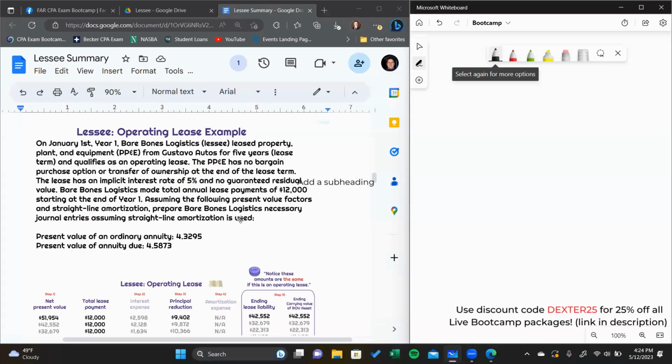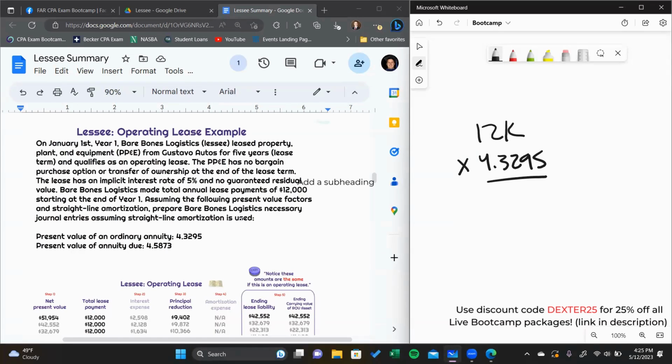So it says here the lease has an implicit interest rate of 5% and no guaranteed residual value. Bare Bones Logistics made total annual lease payments of $12,000 starting at the end of year 1. Okay, so it's at the end of year 1, which means ordinary annuity. So we take the payment of $12,000 and we multiply this by the 4.3295.